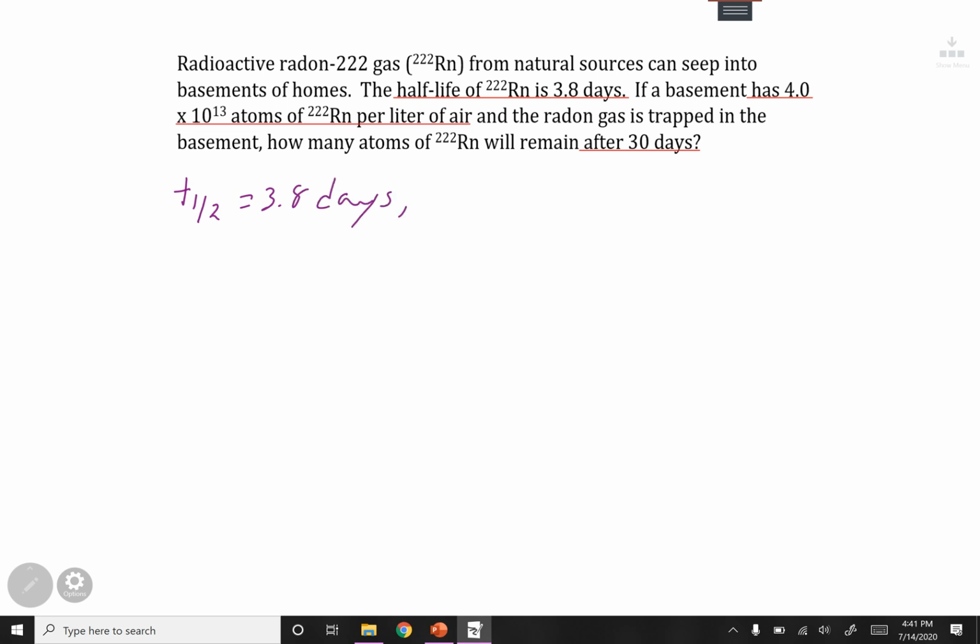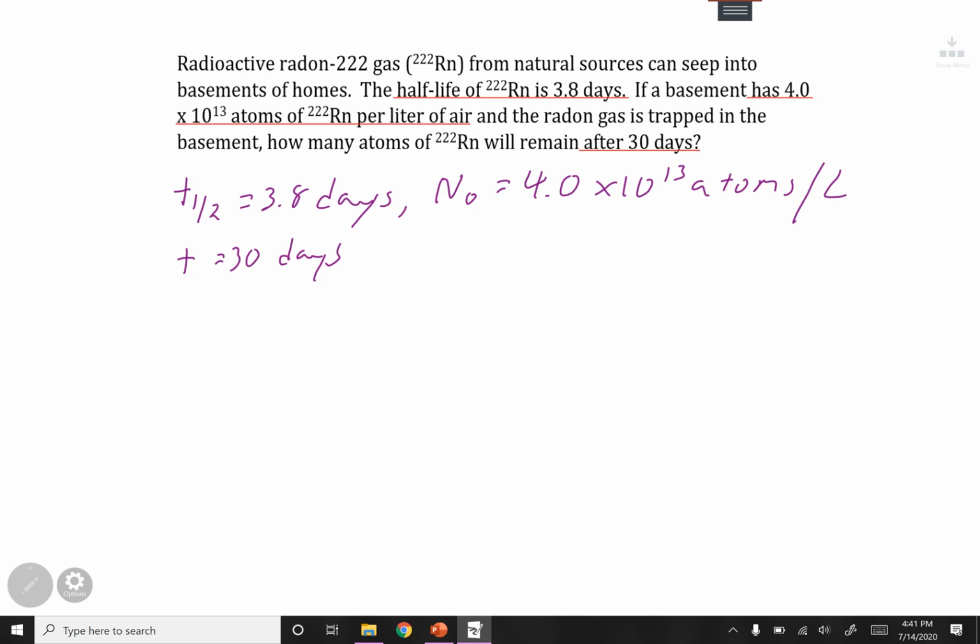We know that our n sub 0, our initial concentration, is equal to 4.0 times 10 to the 13 atoms per liter. And we know that our t will be 30 days, because it asked us after 30 days. And that's really all we know.